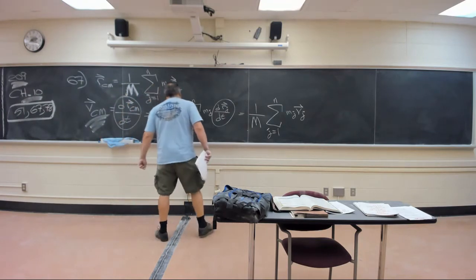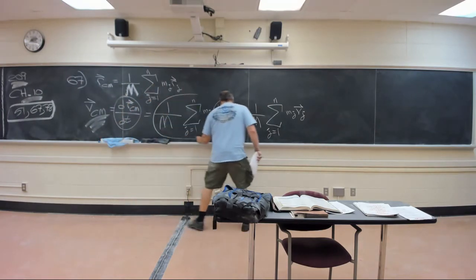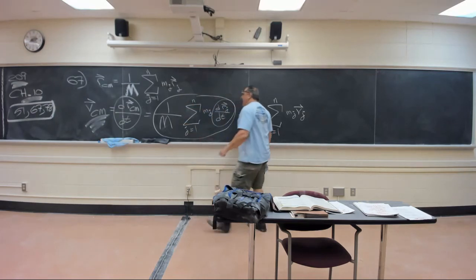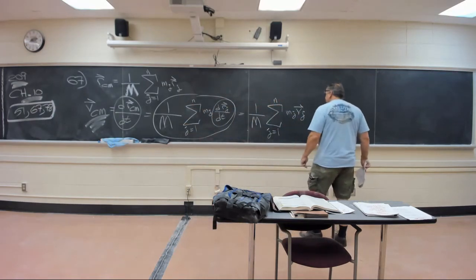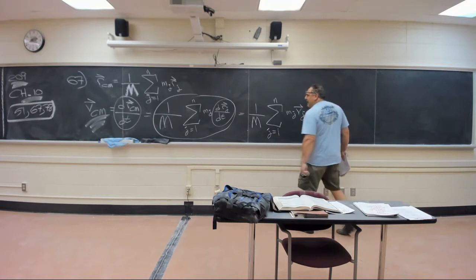It's just nice to get this little weighted average because you can find out how the velocity of the center of mass behaves, and you've got something looking like that.